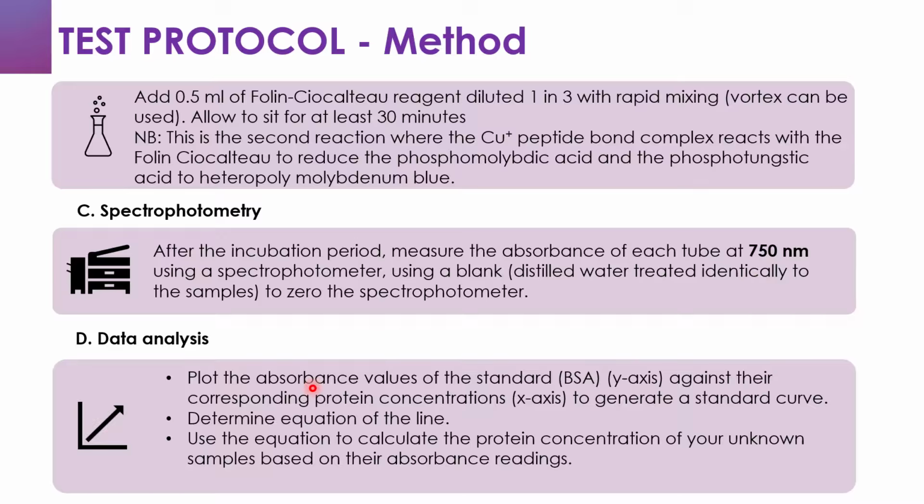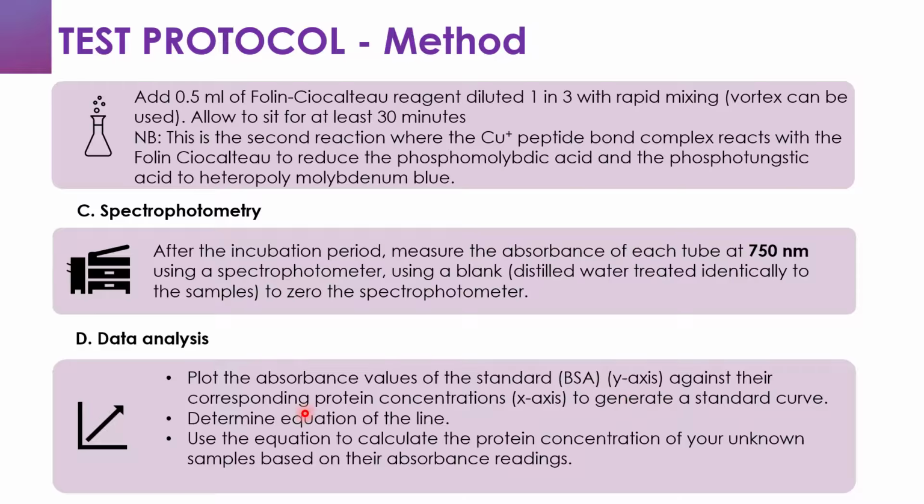So data analysis. To analyze our data, we plot the absorbance value of the standard BSA on the y-axis against the corresponding protein concentrations to generate a standard or a calibration curve.